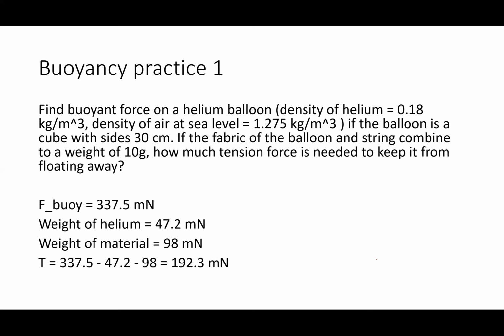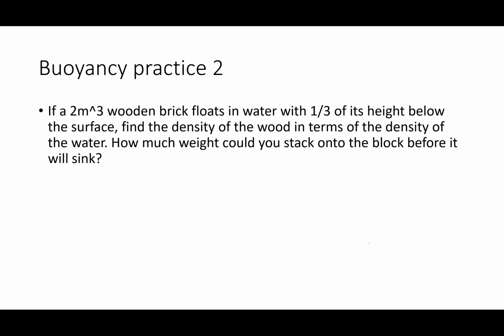Okay, so this would be an example of a problem where the object was entirely submersed in a fluid and I was finding the buoyancy. If the object is partially submersed, it's really the same sort of problem, but there are some differences in terms of nuance and what the easiest way to solve it would be.